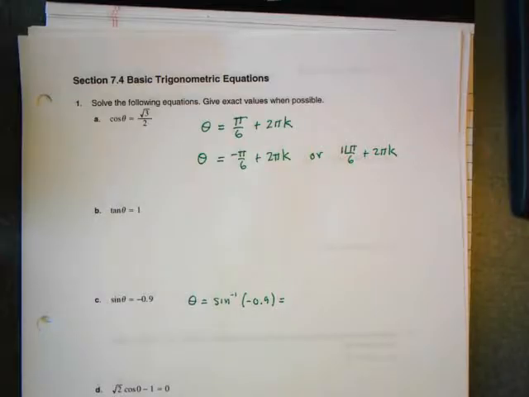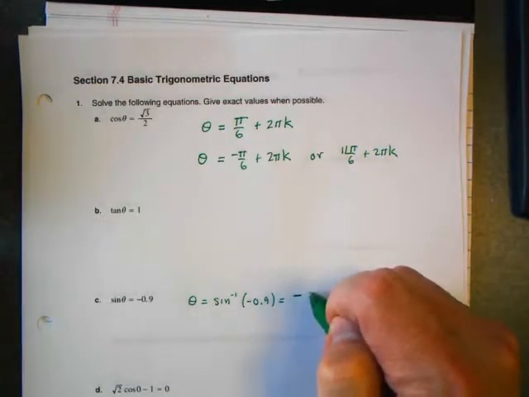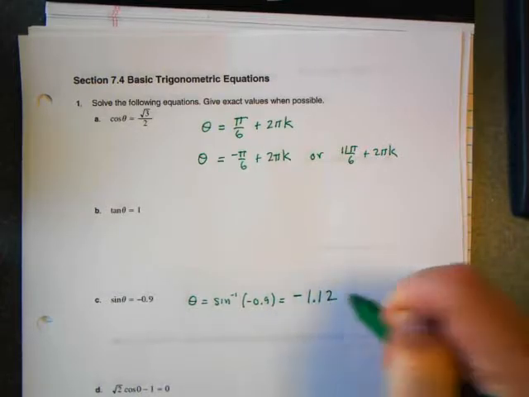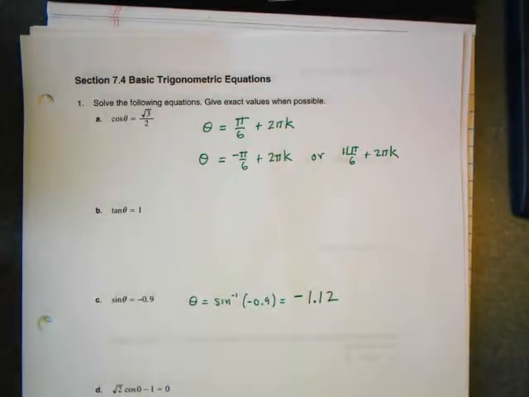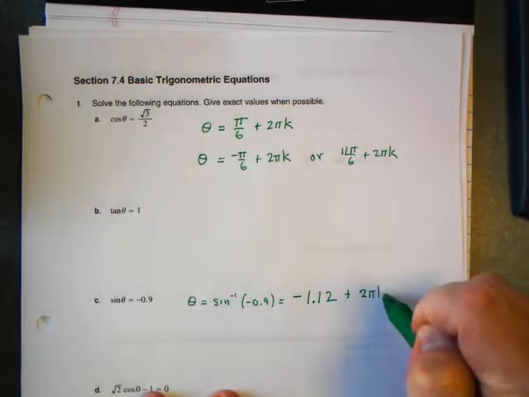Absolutely, calculator should be in radians. I got negative 1.12. And then, of course, it would be plus 2 pi k.